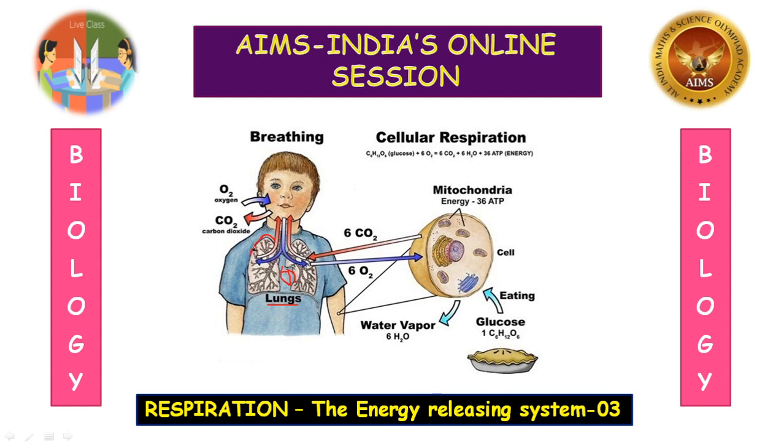That is the pleura membrane. A fluid filled between these membranes protects the lungs from physical shocks and injuries. So in this pleura membrane, pleural fluid is present. It acts like a shock absorber and protects the lungs from physical shocks.